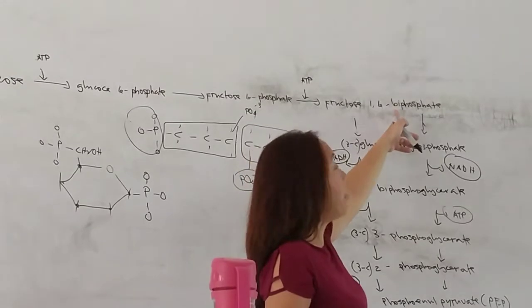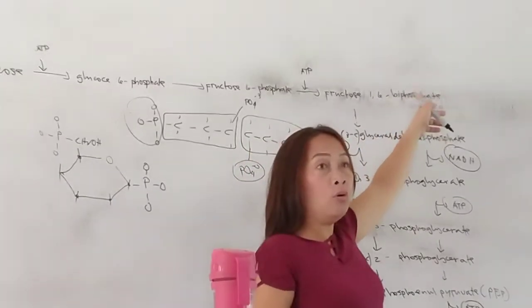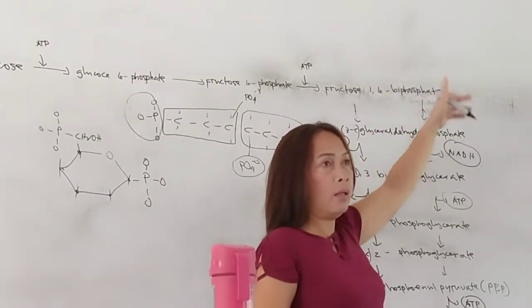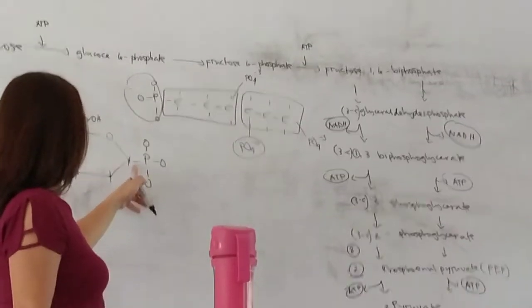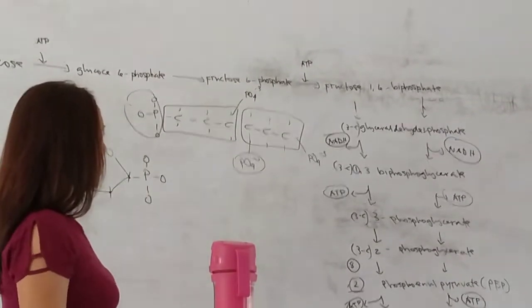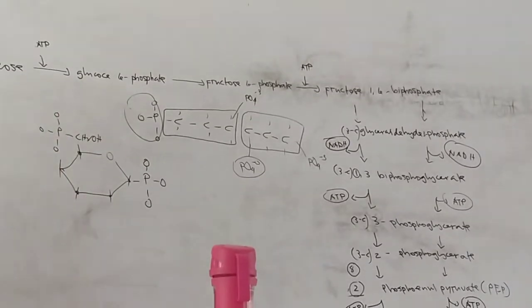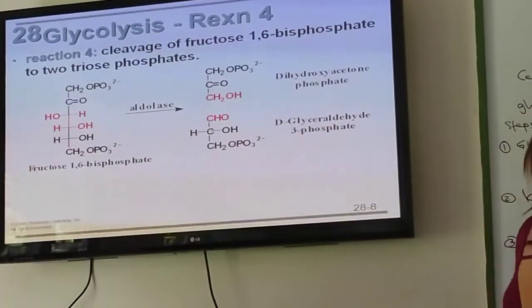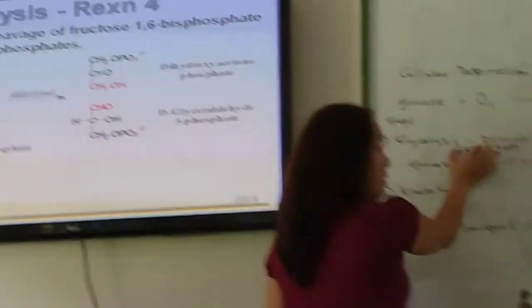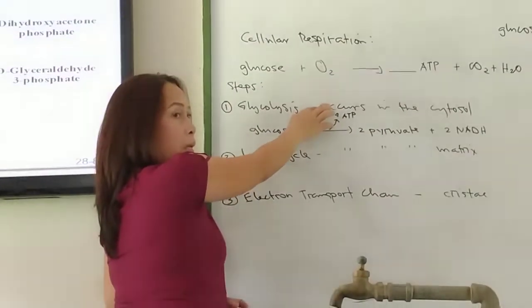That's why it's called bis, meaning there are 2 phosphates added, bonded on the first carbon and on the 6th carbon. Okay, so next. Now, we have already expended 2 ATP molecules.